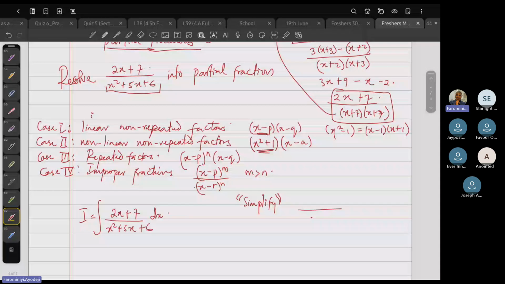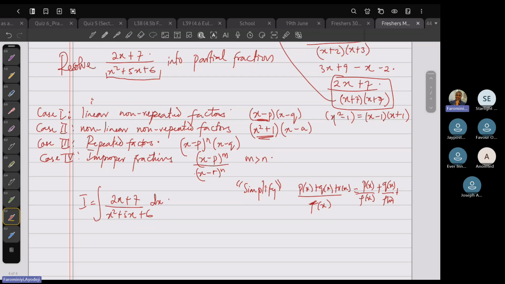So if you have just one term here and a couple of terms here, P of x, Q of x, R of x, such that you can now split this into P of x over F of x plus Q of x over F of x. That's what I mean by simplification. So we cannot use U substitution because the derivative of the denominator is not exactly related to the numerator.